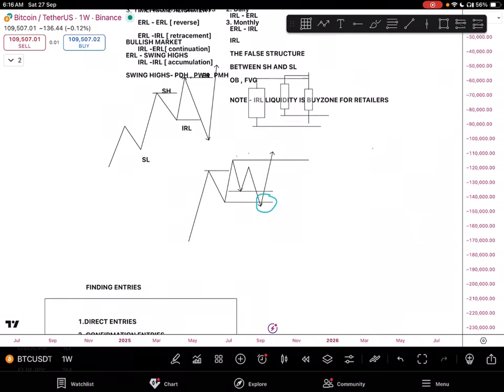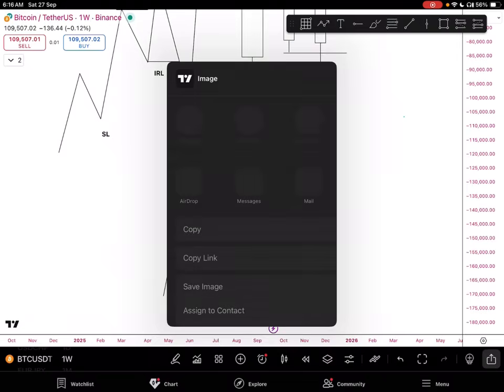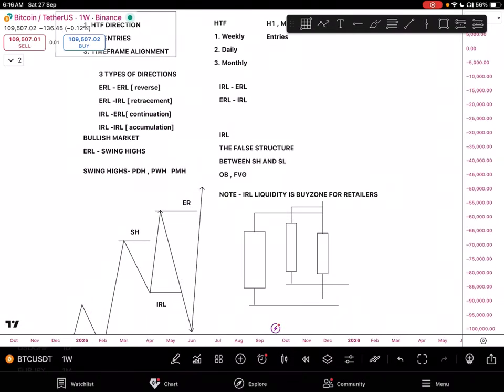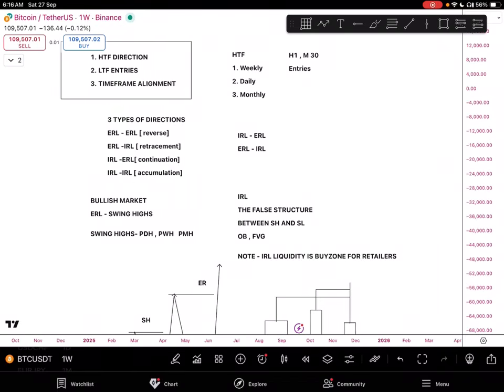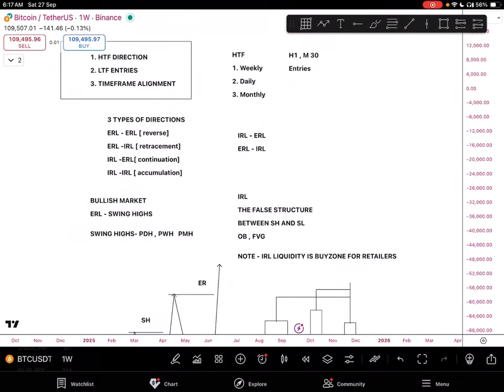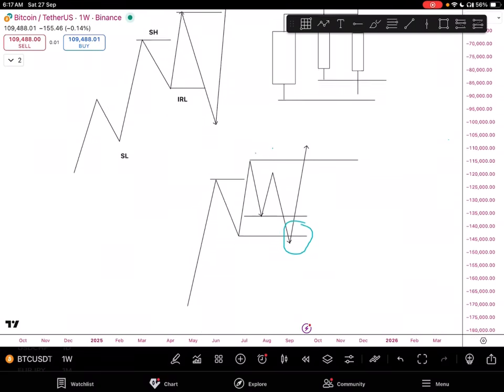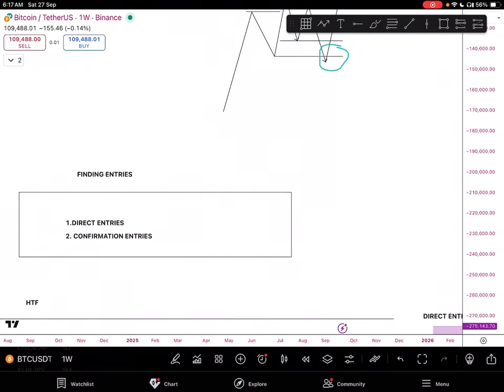Okay, I have saved all images. So if you have any doubt, you can refer to those images. Okay, so these are the things of this lesson.